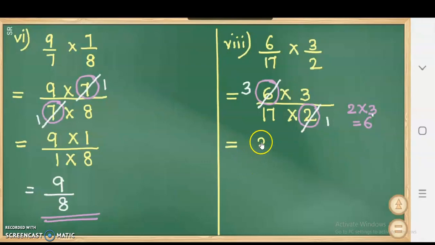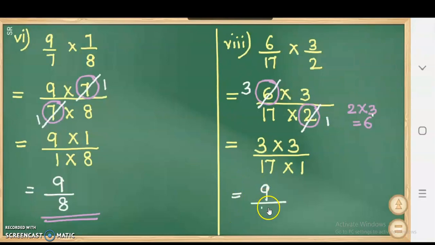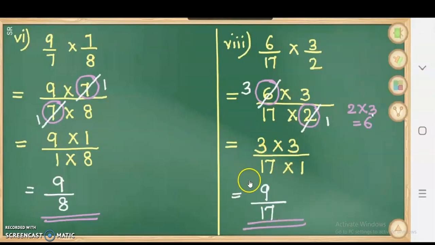So what is the leftover part? 3 multiplied by 3, and in the denominator you have 17 multiplied by 1. So which gives you 3 3s are 9, 17 1s are 17. So that's my answer. So whenever two numbers are multiples of each other, you can always cross cancel them.